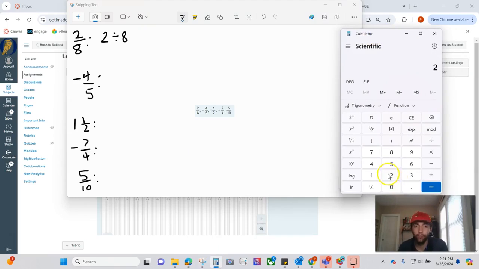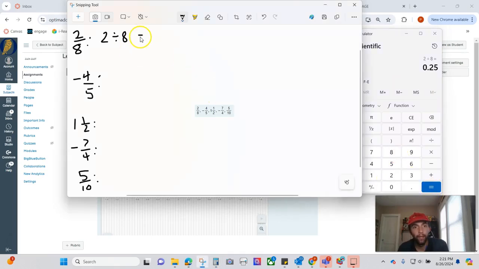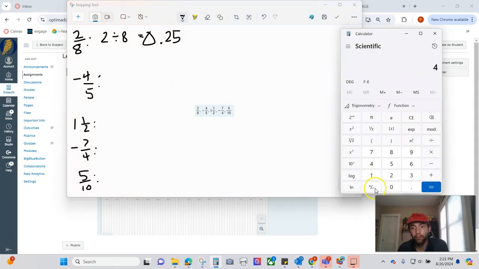For this, we got to use our calculator. 2 divided by 8 is 0.25. Every fraction can be turned into its decimal form by doing its top number divided by its bottom number.